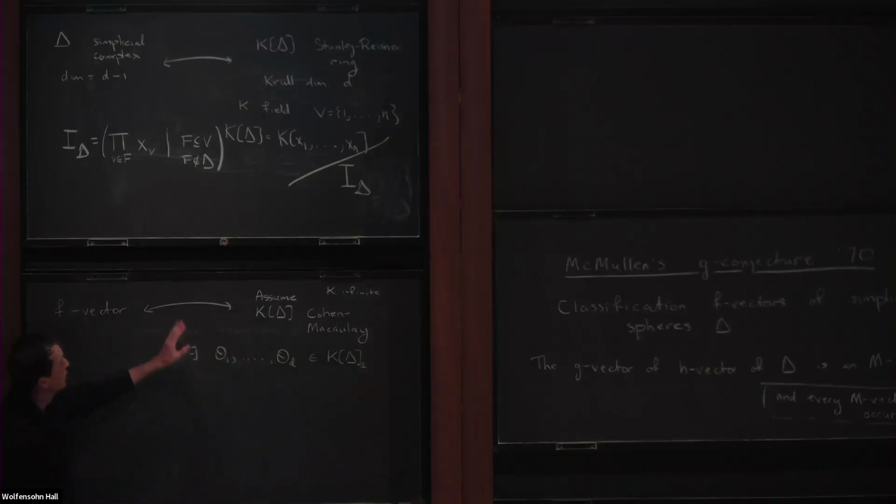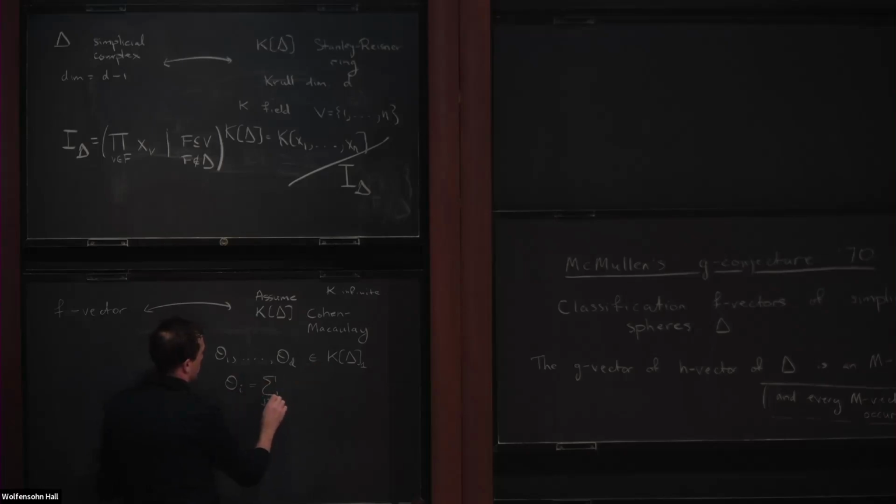My Stanley-Reisner ring was a quotient of a polynomial ring, which is graded, so the quotient will still be graded. It makes sense to talk about linear things. Very concretely, being in degree 1 means that my theta i is a sum, j equals 1 to n, of some coefficient a_ij times my variable x_j.